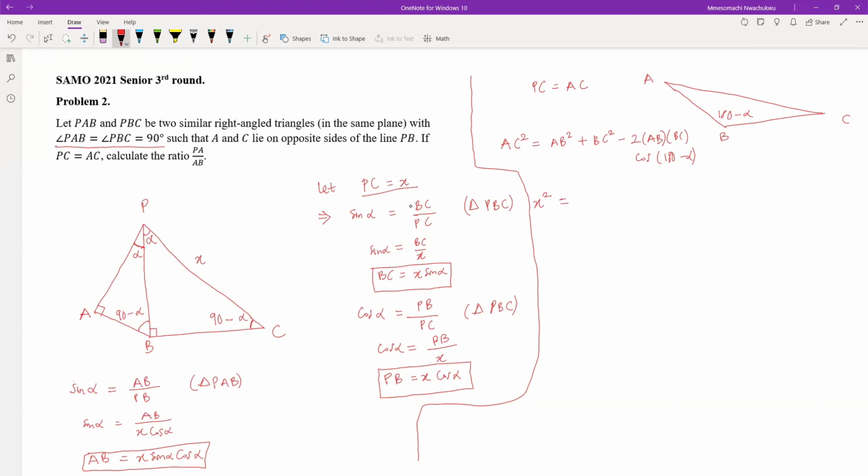What is AB squared? AB squared is X sine alpha cosine alpha squared plus BC squared.